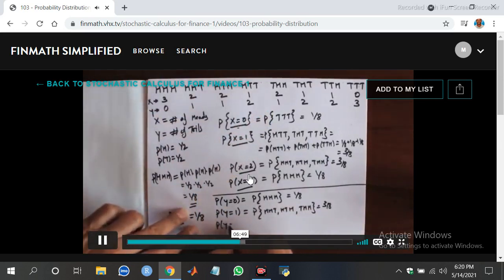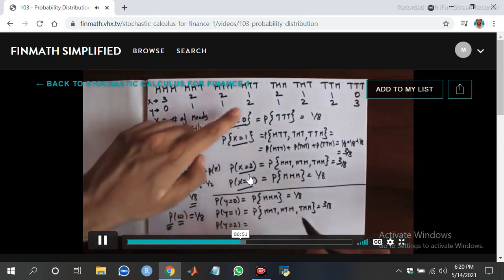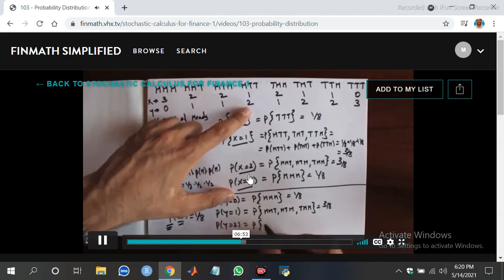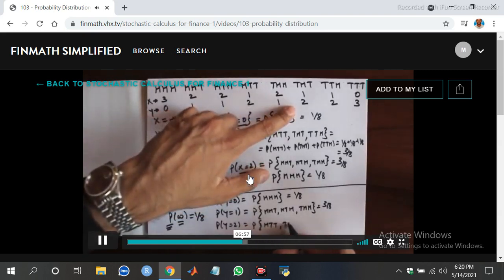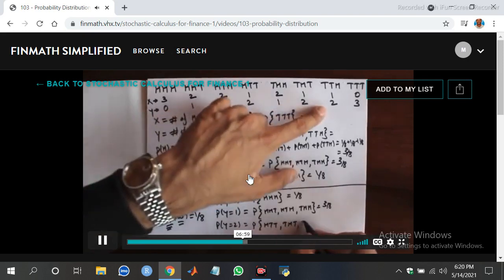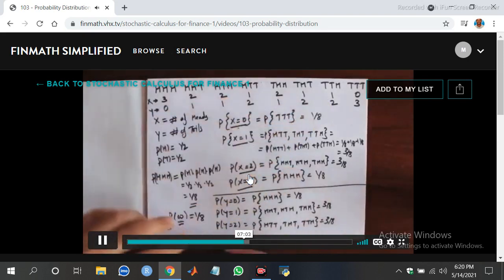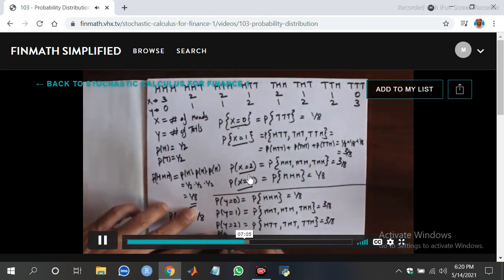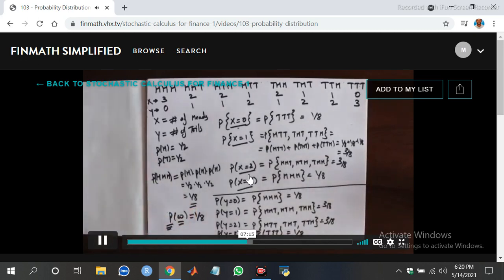The probability of getting y equals 2 would likewise be the probability of head, tail, tail, tail, head, tail, tail, tail, head. Again, that would be 3 by 8. And the probability of y equals 3 would be the probability of getting tail, tail, tail, which equals 1 by 8.